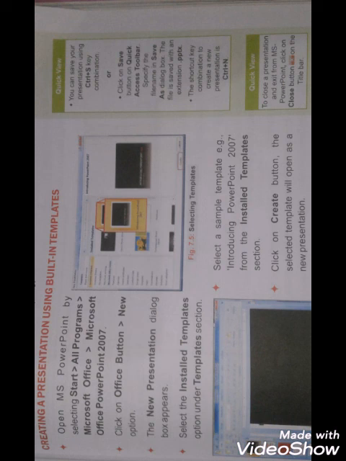Here you will get different types of templates, so choose any one of them according to your need. Whenever you click on a template, automatically a series of slides will appear in your presentation. Now here you can add text in the placeholder of each slide and view the slides.